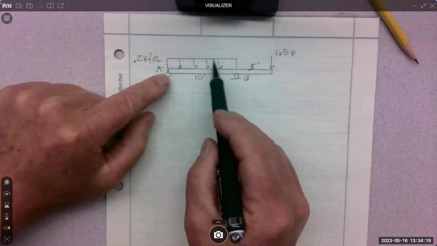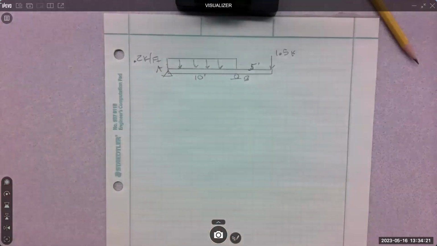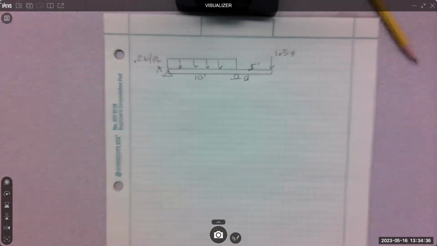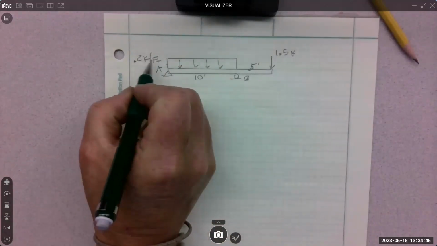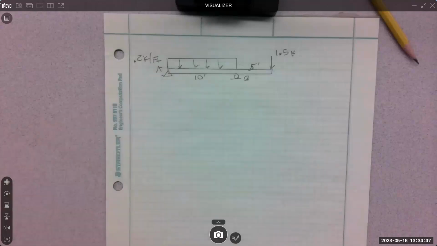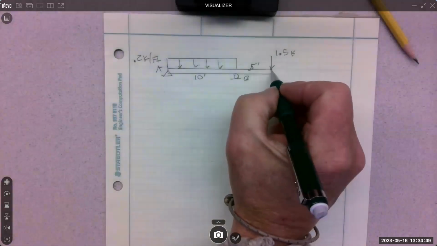Or an appliance collection, like a kitchen has a larger distributed load than the rest of the home. It could be tile floor, cement floor, heat in floor creates a distributed load. So many different things. So we'll have to remember how to deal with that in our statics. And I did 0.2 kips per foot on the distribution and 1.5 kips out here.